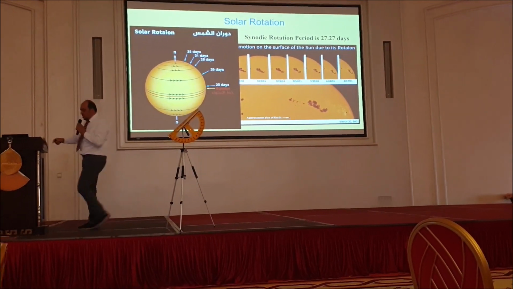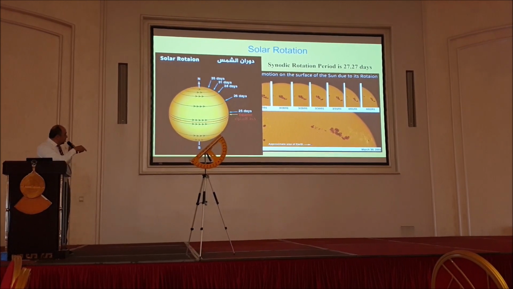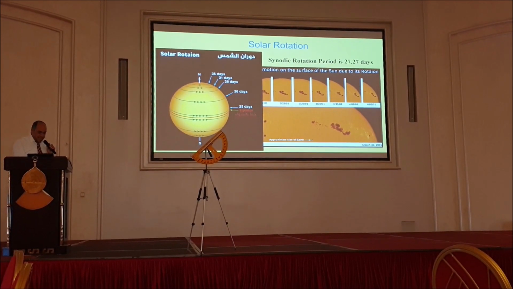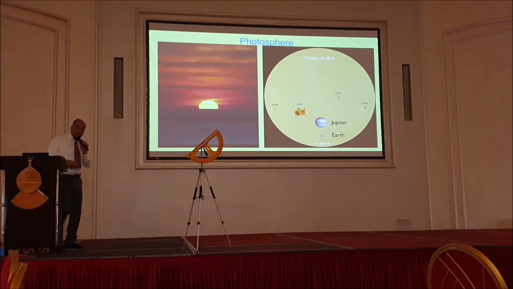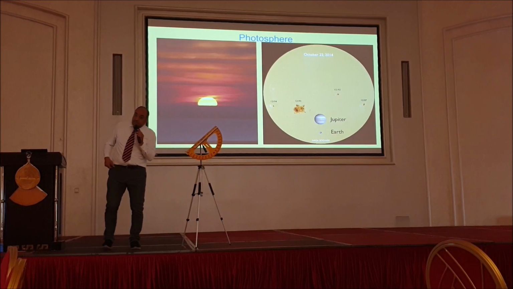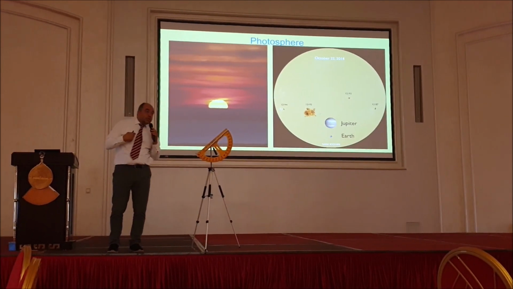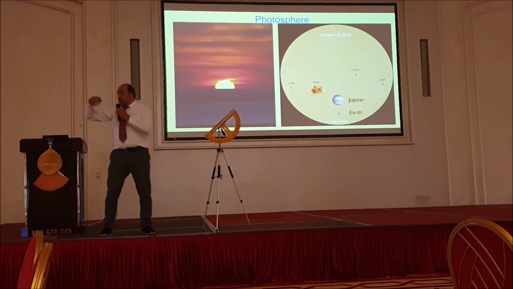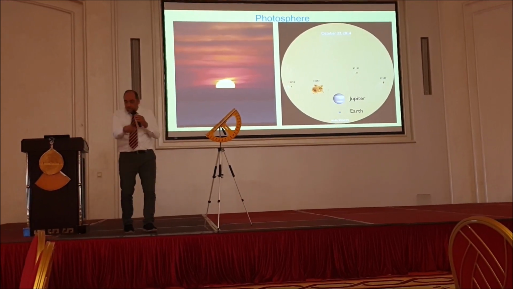Now, how to calculate: we want to calculate how many days it takes the Sun to rotate. But as I told you, the rotation of the Sun is not a single rotation. It is differential rotation. It means that what we are going to calculate is the rotation with respect to latitude.